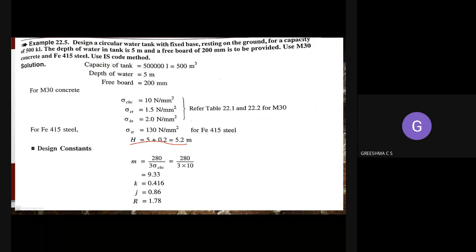Here they have given you the depth of water in the tank. If this is a water tank, the depth of the water is given as 5 meters.